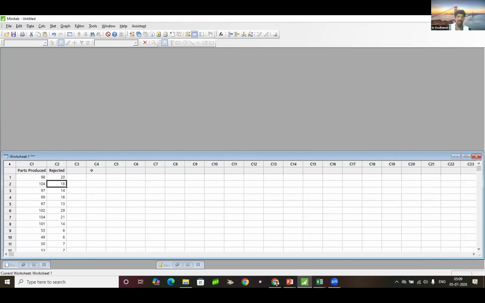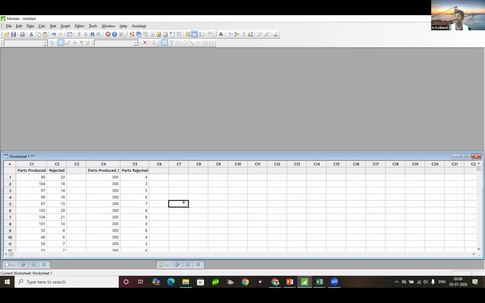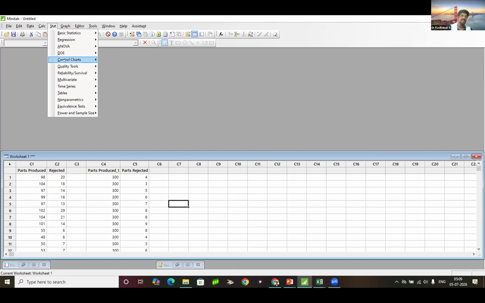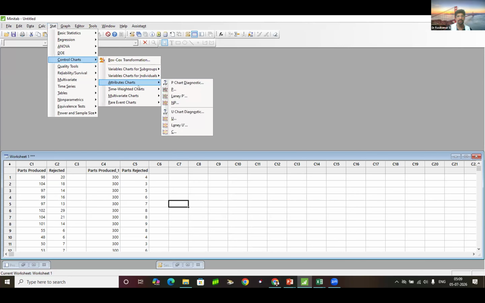Now paste this in the worksheet in columns C4 and C5. Guys, have you done that? Yes, sir, done. Now let us go to Stat, Control Charts, Attribute Charts.